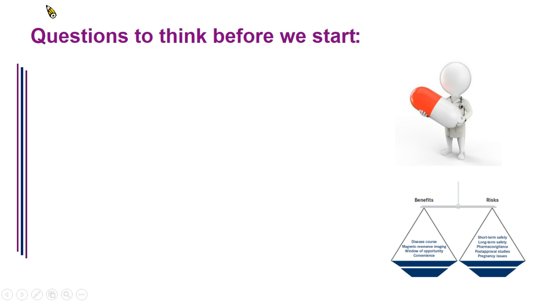Here are some questions I would like everyone to think about first before we start today's course. On your right-hand side, you can see a balance of benefits and risks. That is what we always talk about when you are planning to use a medication for patients. You have to consider what benefit this patient would probably get from that medication. What is the probable efficacy that we can retrieve from the clinical study trials?